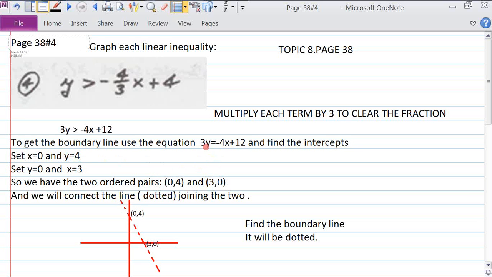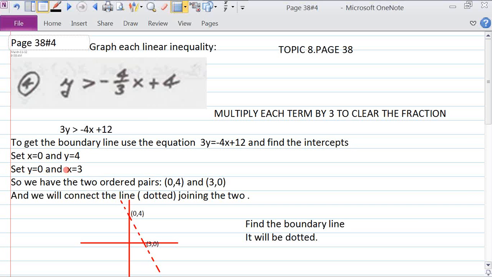Now we're going to take this same equation and set y to 0. So 3y is 0, and 0 equals minus 4x plus 12. We bring this over to this side and we get 4x equals 12 and x equals 3. So when y is 0, x is 3.